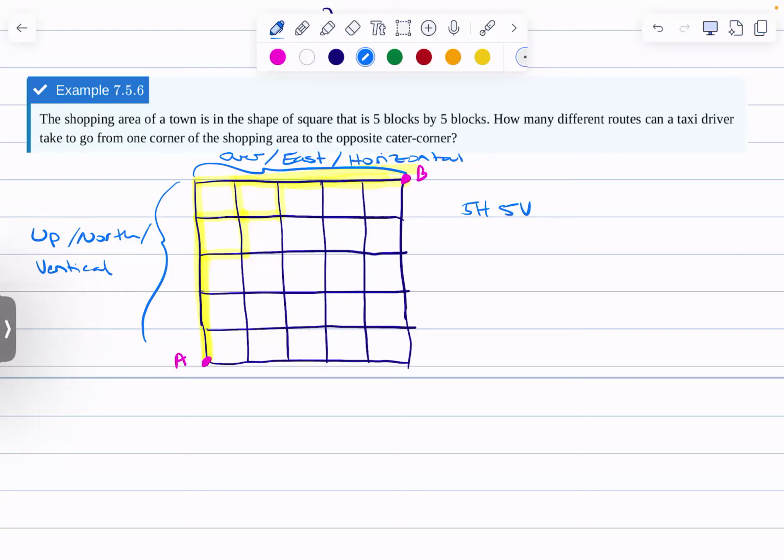Then we did 4 horizontal, 1 vertical, 1 horizontal, 4 vertical. No matter what, it's 5 vertical, 5 horizontal.